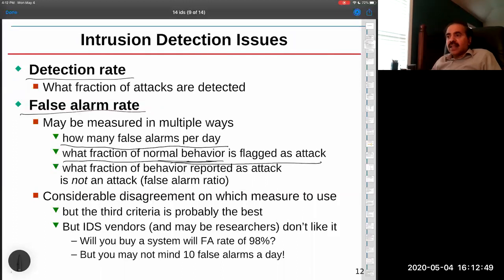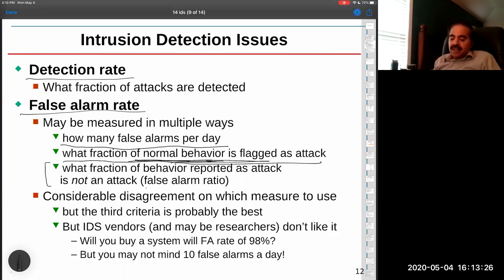For instance, if you have an intrusion detection system that's looking at system calls, and you say 0.01% of the system calls raise an alarm, that's a disaster, because that probably means you're going to get hundreds to thousands of system call alarms every second, right? And you can imagine that that's a total disaster. So when you measure it as a fraction of normal behavior, it really matters what your denominator is.